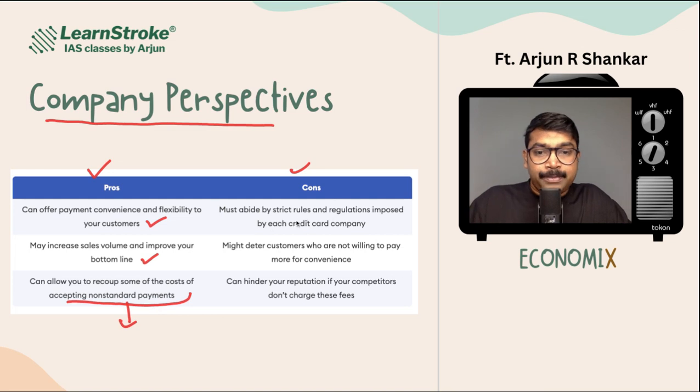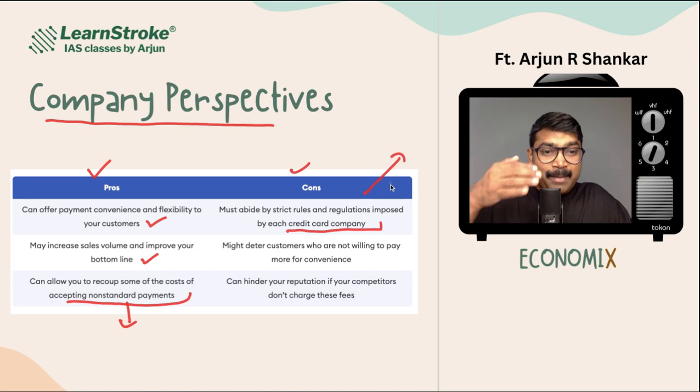What are the cons? You must abide by strict rules and regulations imposed by each company, because RBI or the credit card companies who are giving this payment platform put rules and regulations. When you use a Razorpay or an Instamojo platform to sell this, there is a charge you have to keep in mind in the rules and regulations.